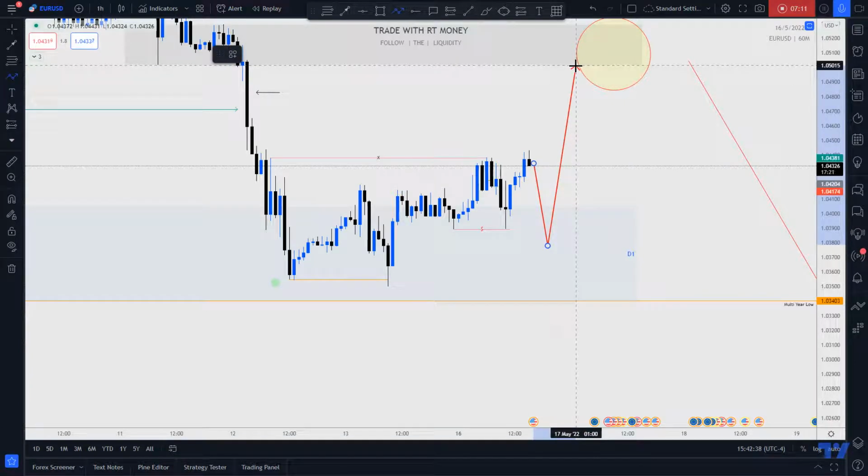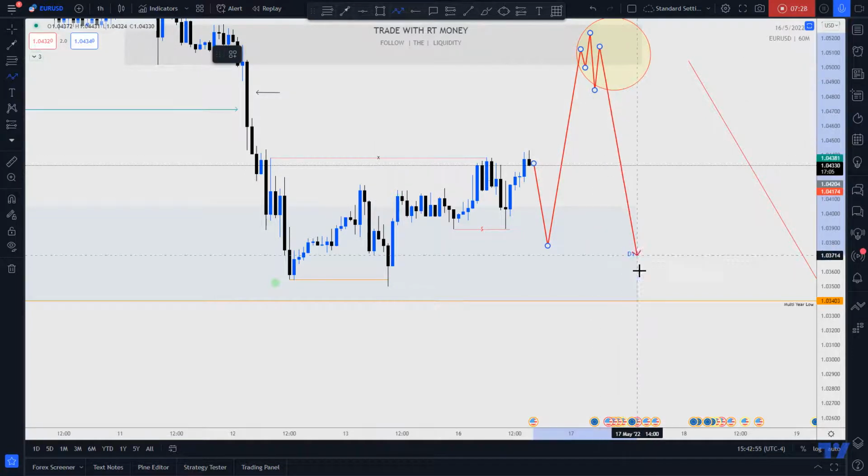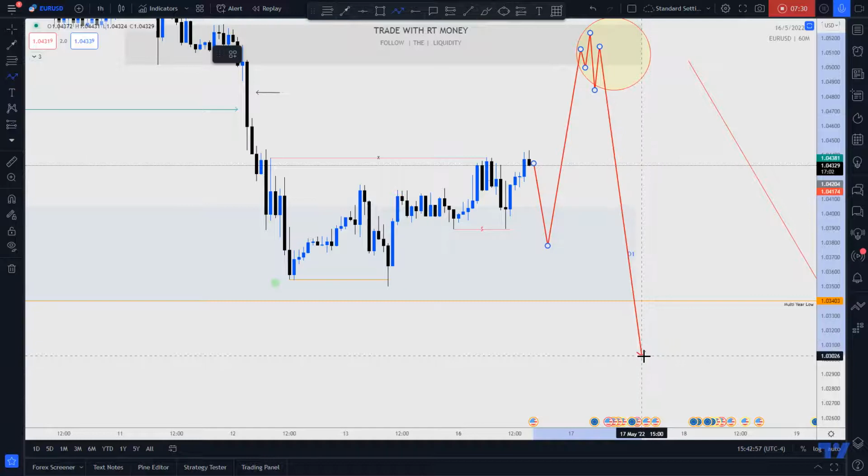Then go up and give us our setup. And what setup am I looking for? I'm looking for this: a high made, a pullback, a higher high, a break of the low, this low right here, and then a return to impulse for a high probability trade to the downside. That's what I'm looking for.